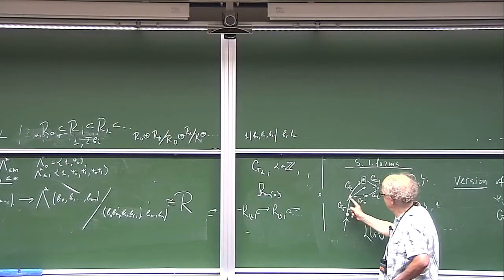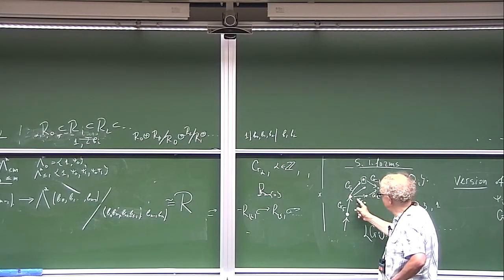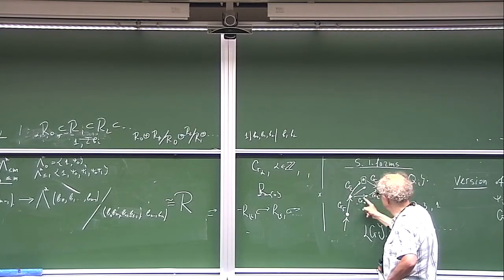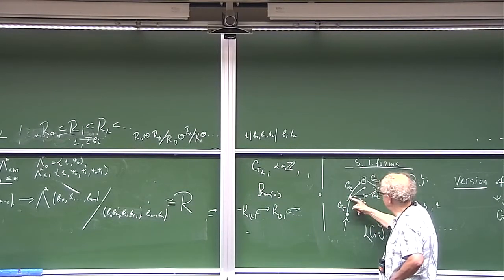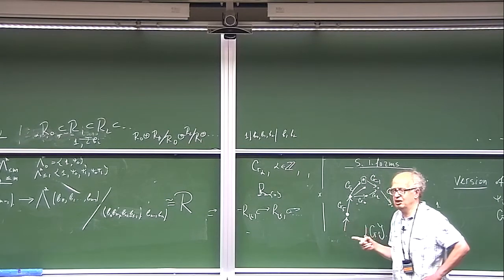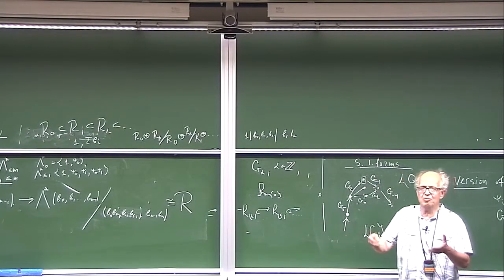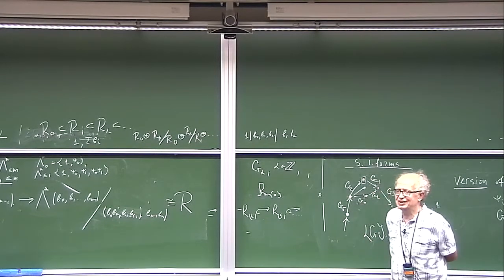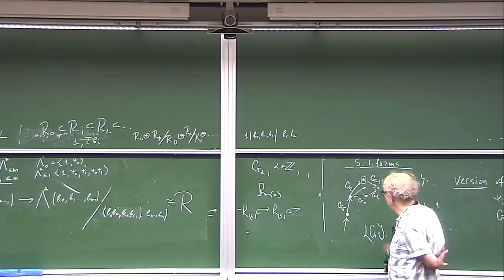The zeroth part of the filtration is this, the next part is this and this, and the last is the whole thing. If you make this explicit, you find such a story here.